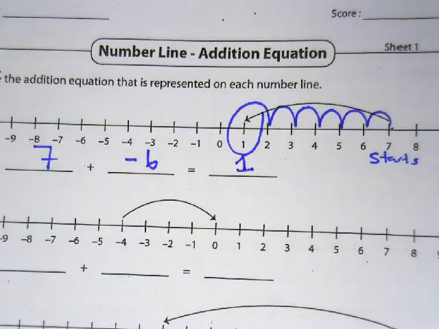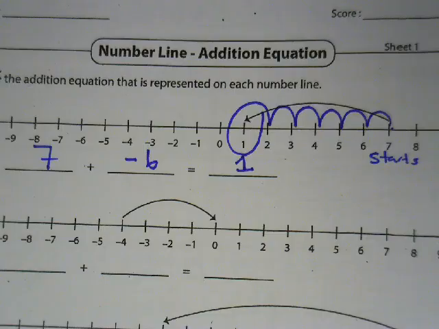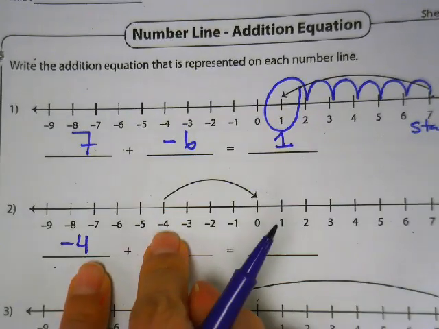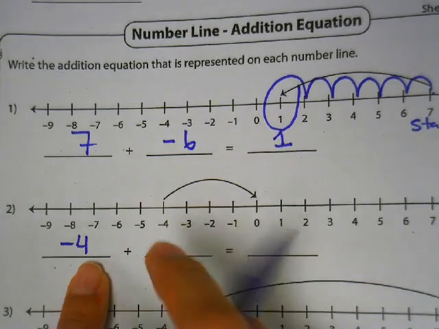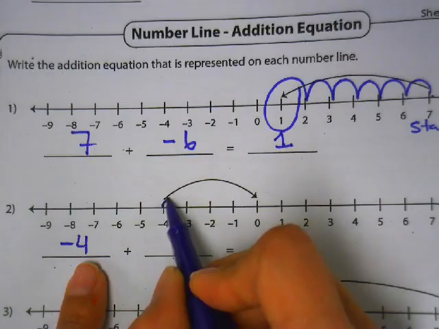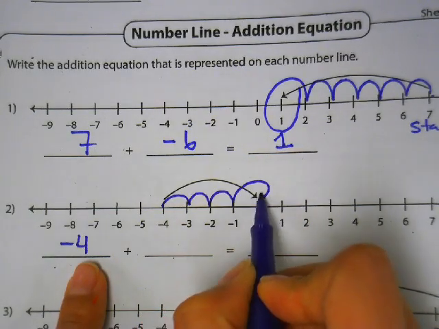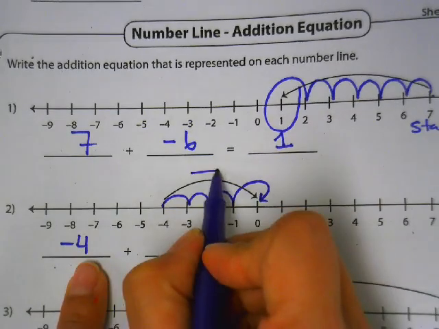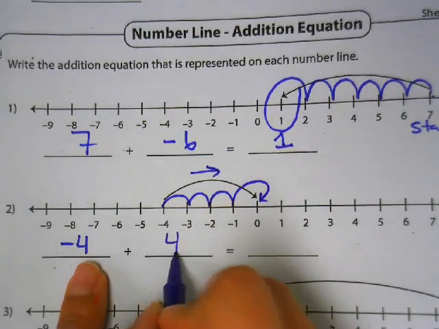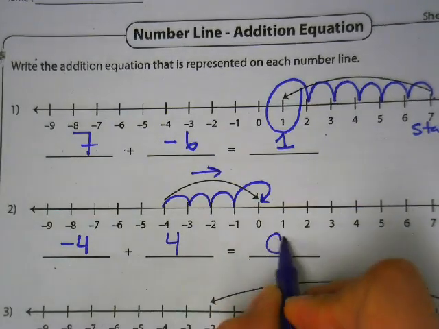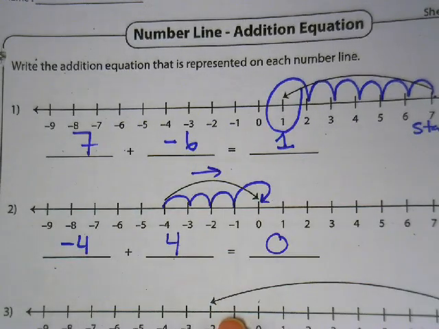So number 2, which number do I start on? Negative 4 is where I start. Now count the hops with your pencil. 1, 2, 3, 4. Now I went this way, so that means it's a positive 4. Where's my arrow? 0. That's my answer. Okay? All right, let's do it.